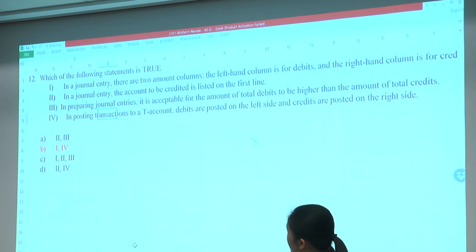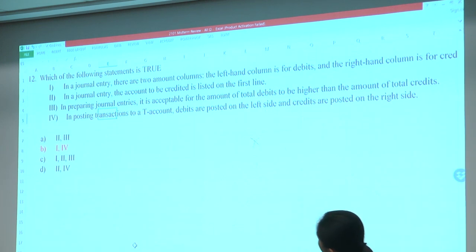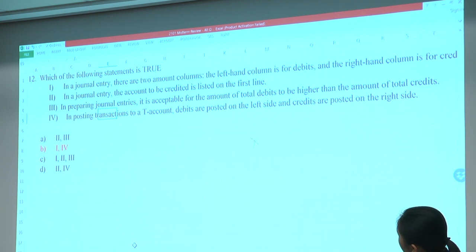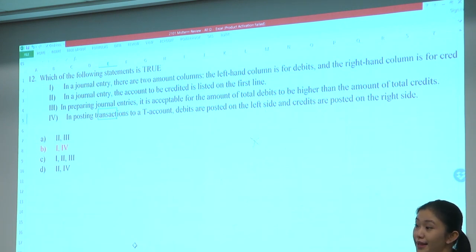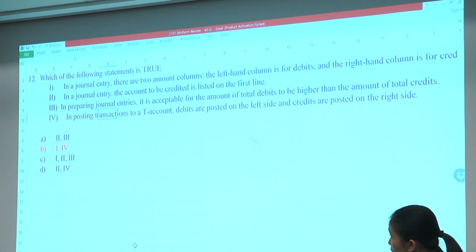So 1 is correct. Choice 2, in a journal entry, the account to be credited is listed on the first line. Now, the opposite, debit is the first line. Third, in preparing journal entries, it's acceptable for the total debits to be higher than the total credits. Then the accounting equation cannot be balanced after the transaction, so wrong.